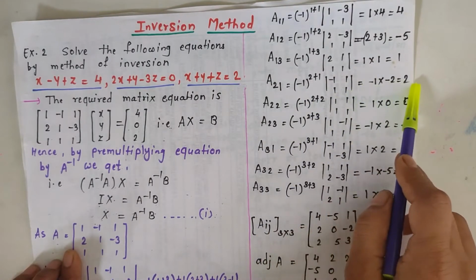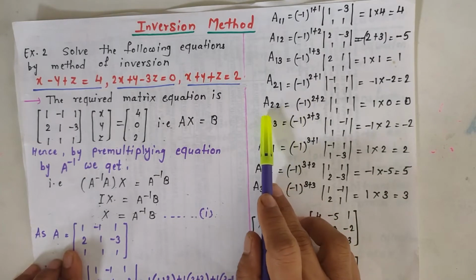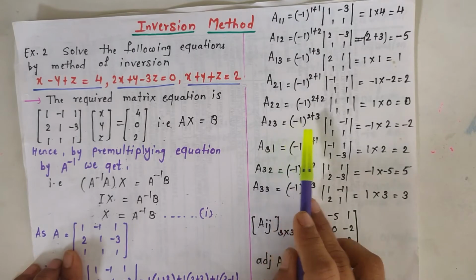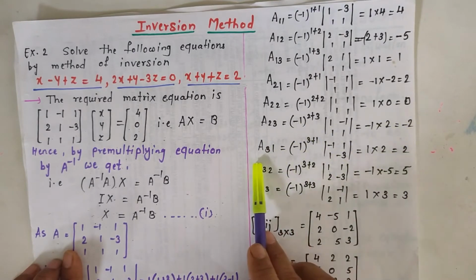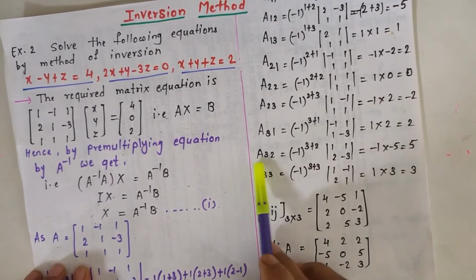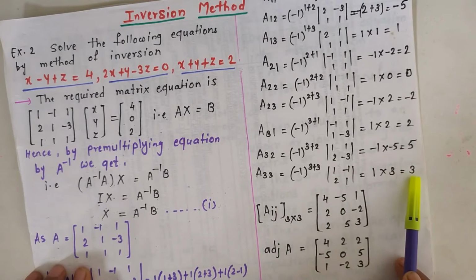By calculating this we get 2. In this way we can find the next cofactors: A22 is equal to 0, A23 is equal to minus 2, A31 is equal to 2, A32 is equal to 5 and A33 is equal to 3.